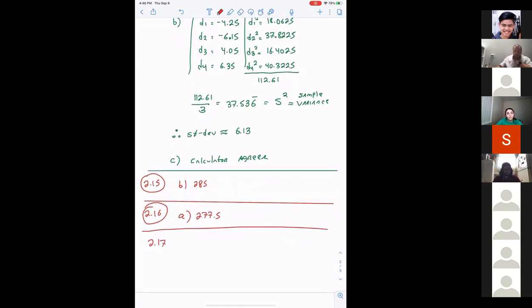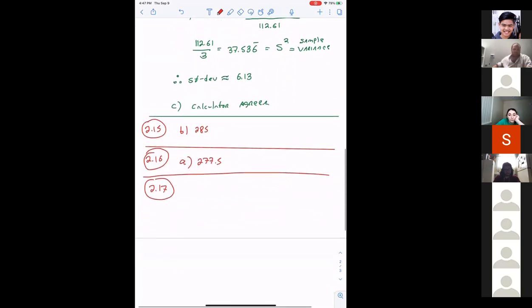2.17. What is Q1? So just for clarity here, I'm going to put them in order.